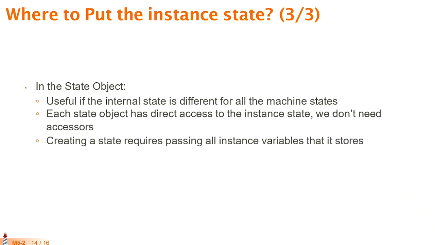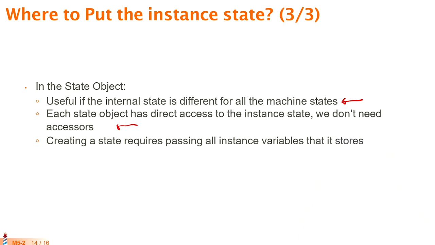We put all the instance variables, all the internal state of the coffee machine, in its state objects. This is a great idea when each state of the coffee machine has different internal state. We need a different set of instance variables. It's also good because each state object can directly access this instance state.